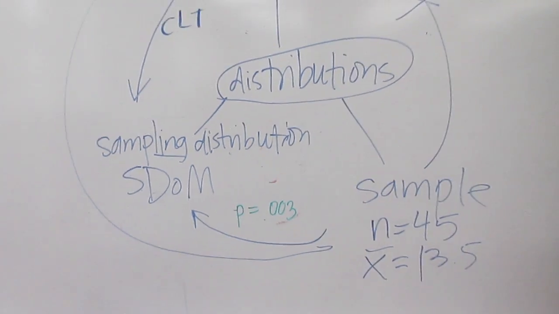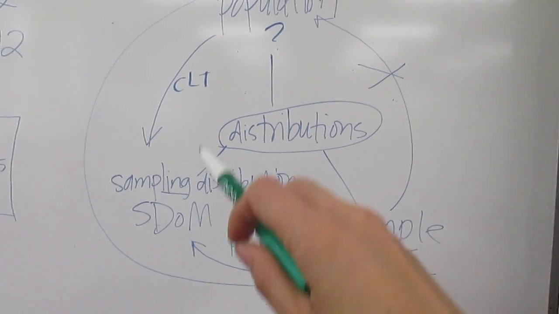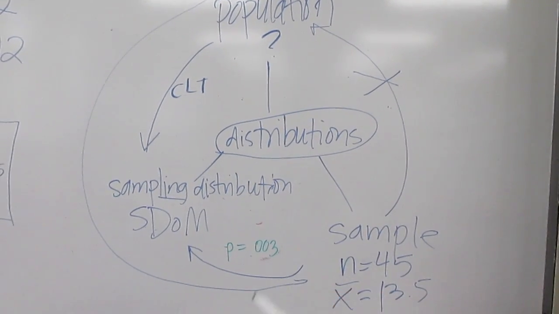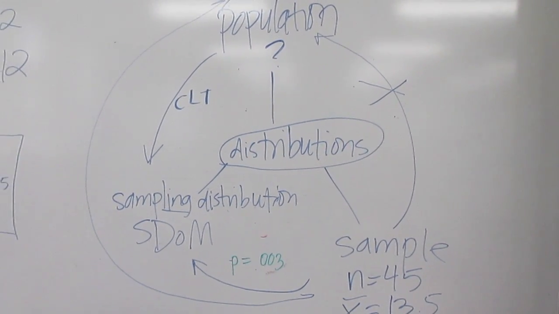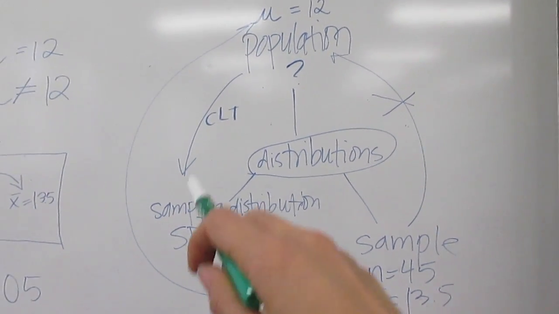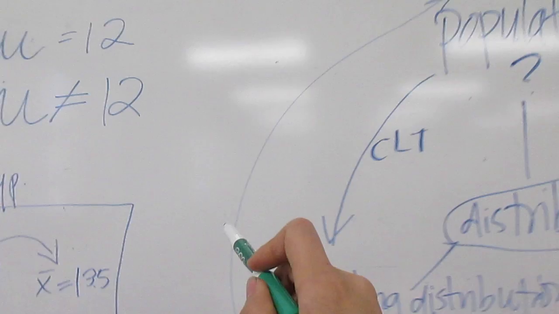So the probability that this sample came from this sort of population randomly is 0.003. It's pretty low, right? And so what we do in our final step of hypothesis testing is we reject this idea.